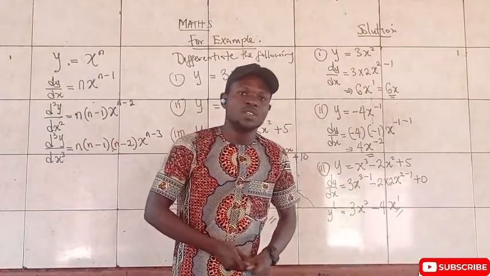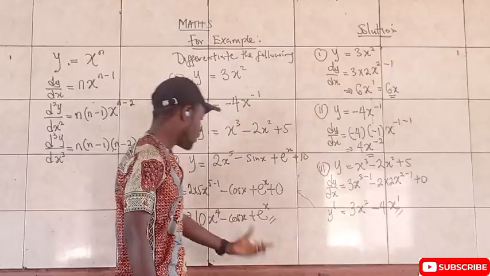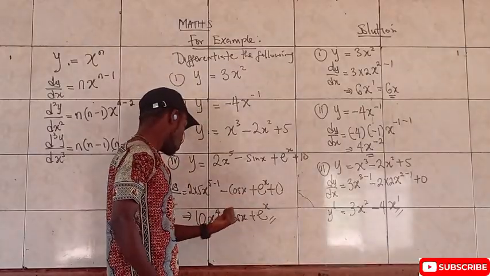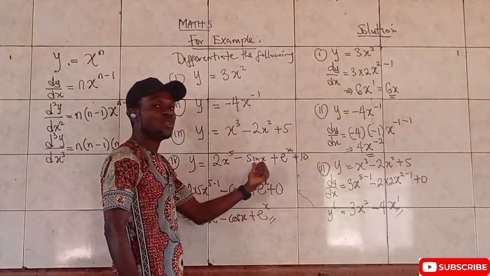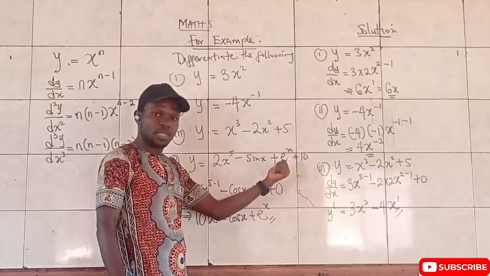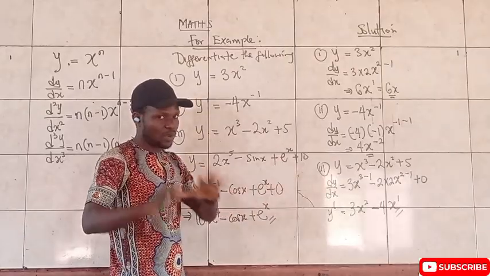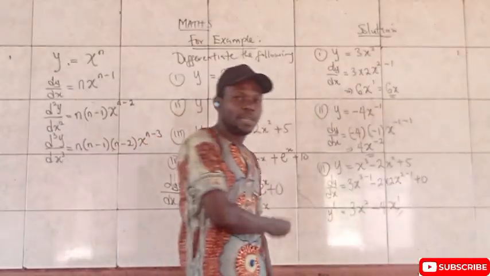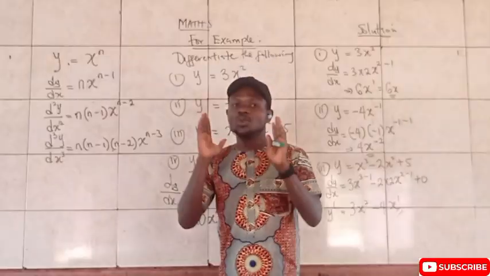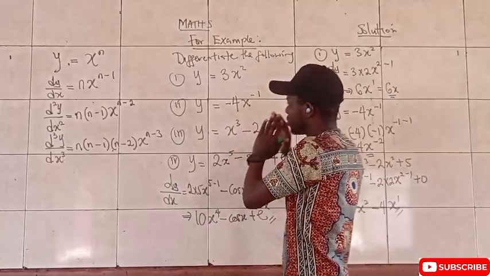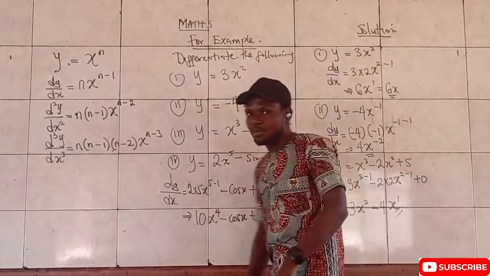You understand the process. So you see why I made reference to the table. From that table, we discover what the derivative of sine will be, and what it will be when it is e raised to the power x. So you can make reference to it once again for better clarity. This is as simple as it can be.